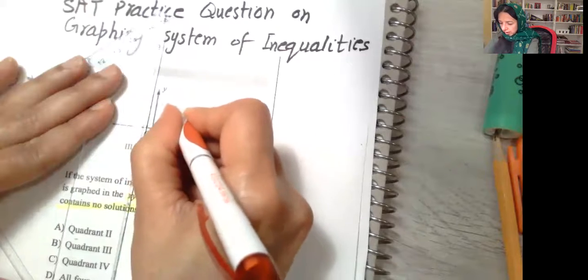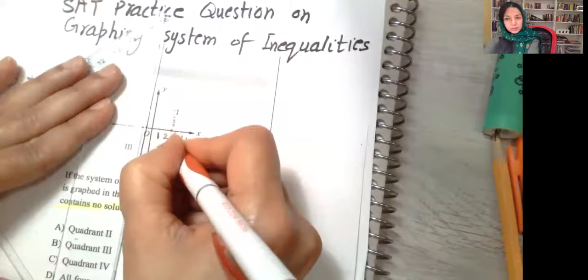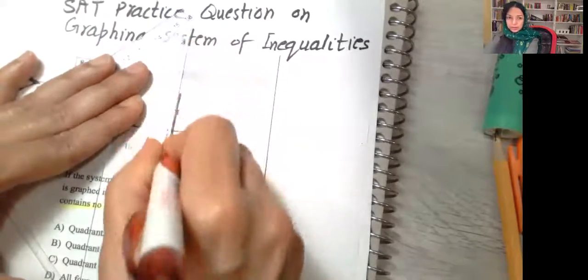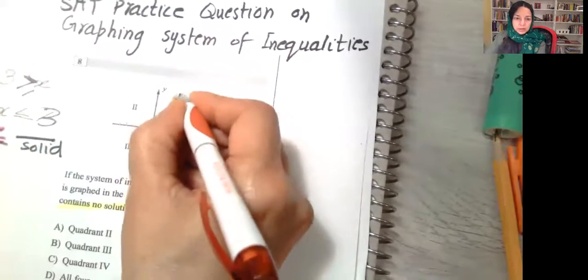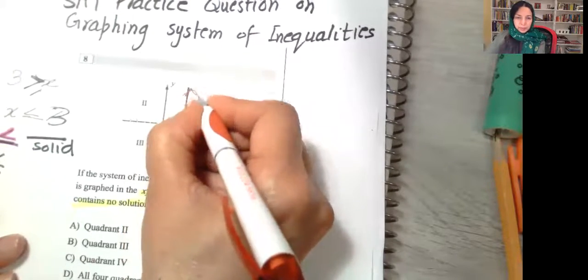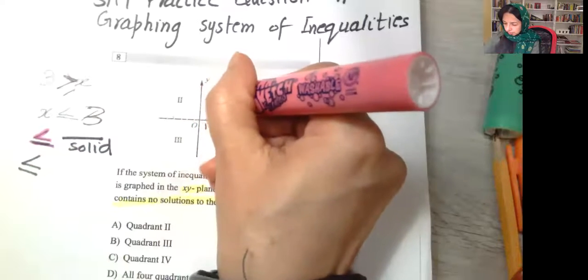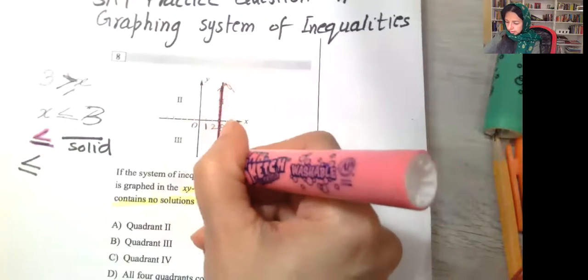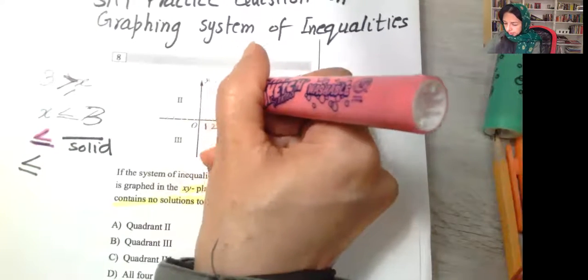Wherever I go on this line, up or down, my x is going to stay the same. So I can connect those dots with a vertical line like this. We decided the line is going to be vertical and solid.